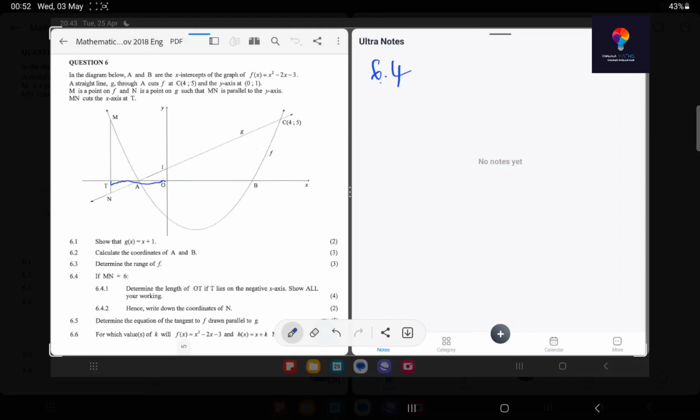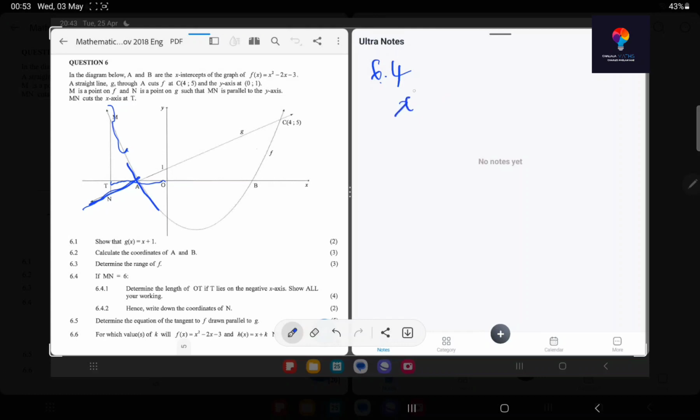If you look at the length MN, it actually lies between the two curves, f and g. So if this graph minus that graph, because the graph is below, we're going to get that difference of 6. So this is how we go about it.